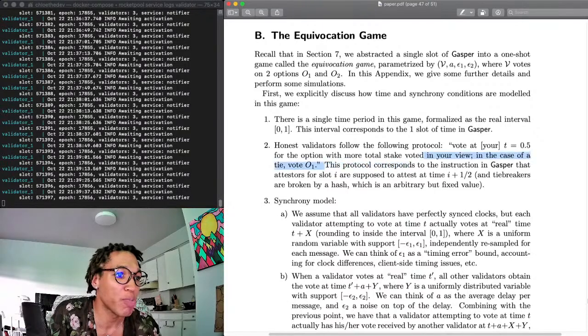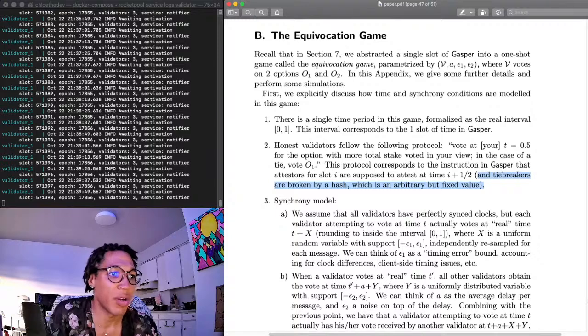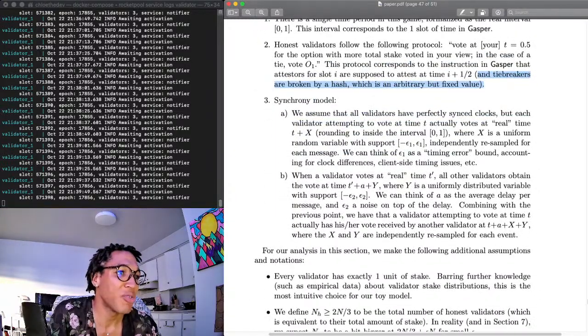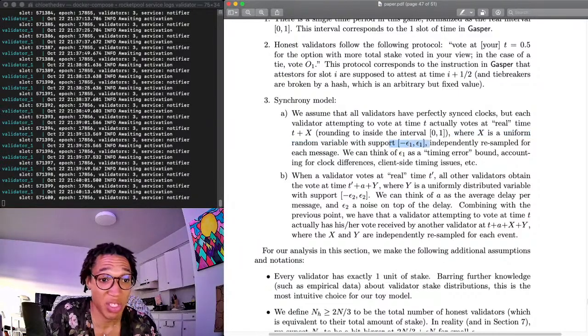This protocol corresponds to the instructions in GASPER that attesters for slot I are supposed to attest at time I plus half, and tiebreakers are broken by a hash, which is an arbitrary but fixed value. The synchrony model: we assume that all validators have perfectly synced clocks, but each validator attempting to vote at time t actually votes at real time t plus x, rounding to inside the interval 0 1, where x is a uniform random variable with small support, so it's going to be a really small number.